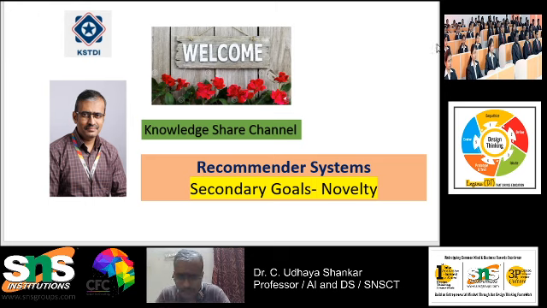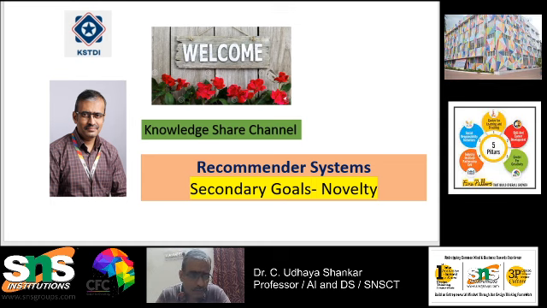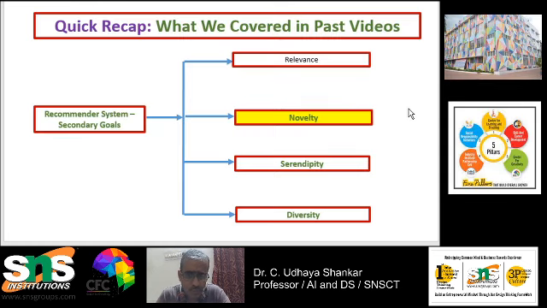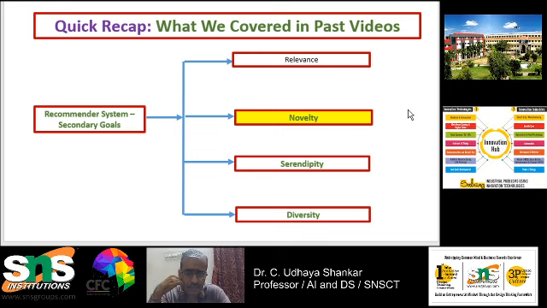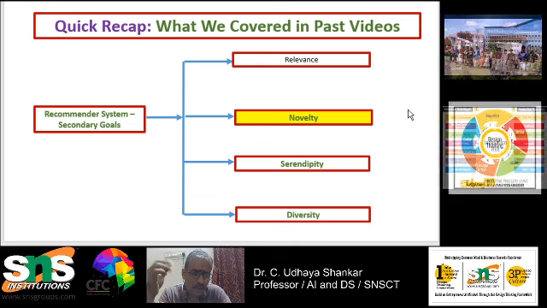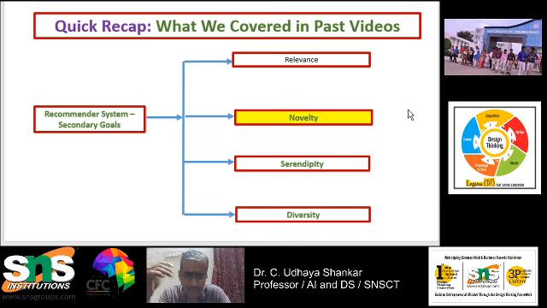As we move on, I just want to recap what we have covered previously. In the previous video we discussed the different types of primary goals, and then the different types of secondary goals of recommender systems.